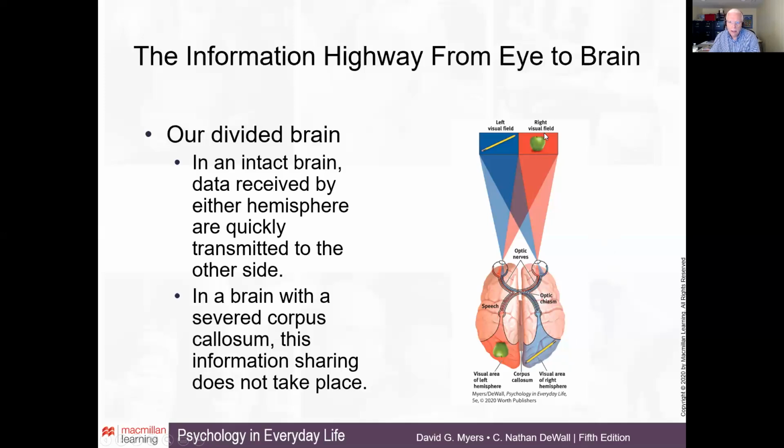But if the researcher asked what you saw when they presented the apple in your right visual field, which registers in your left occipital lobe, you would be able to say an apple because it's in your left hemisphere primarily where our speech centers, Broca's area and Wernicke's area, are located. So that part of your brain is communicating within itself, but it can't communicate with the right hemisphere.